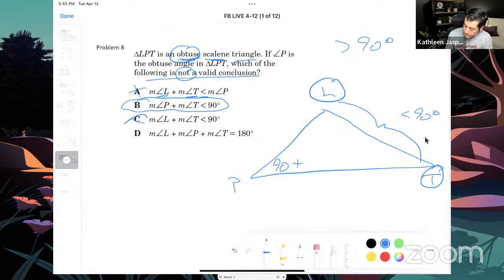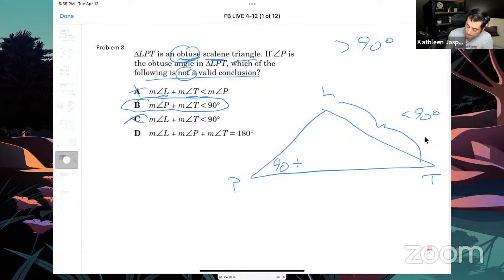All right, and then finally, D says L, P, and T all equal 180 degrees. Of course, that should make sense because these are all the angles of the triangle. I don't need to know what any of them are, because I know that all three angles in a triangle equal 180 degrees.